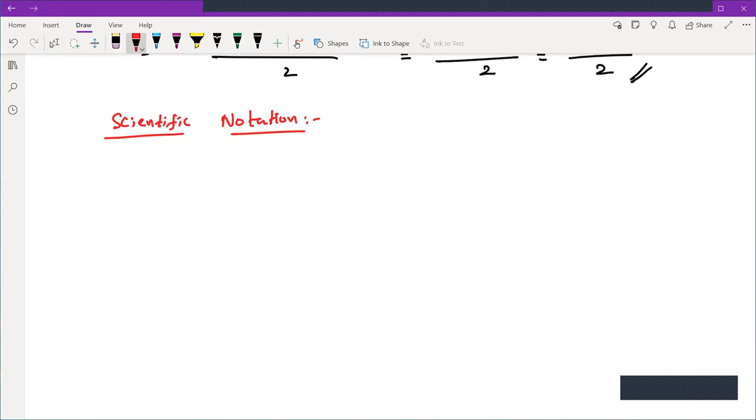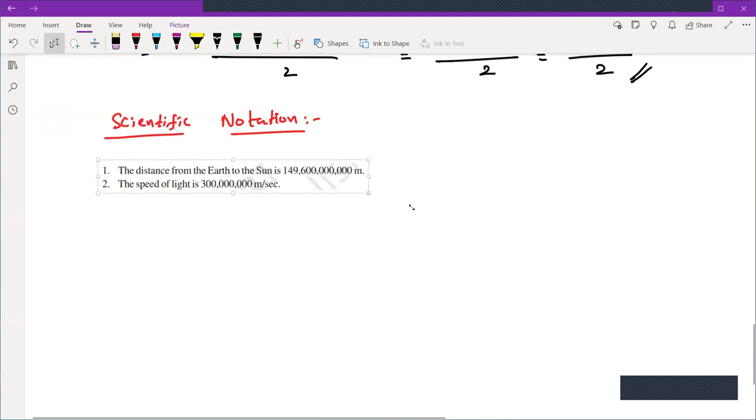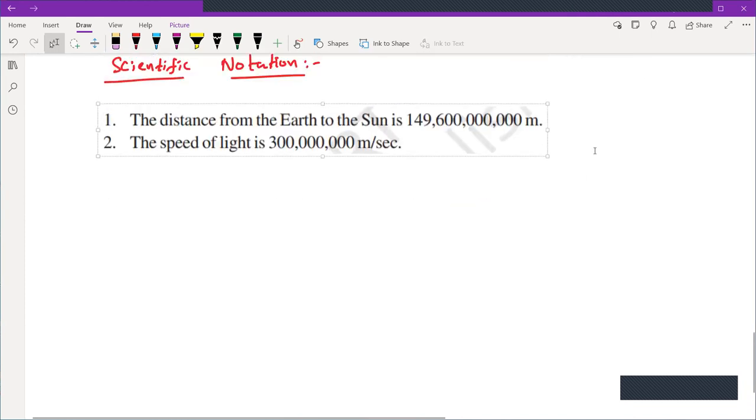Okay, we'll start from here itself. Let's take these two examples. So let's see the first one. Can anybody read this?